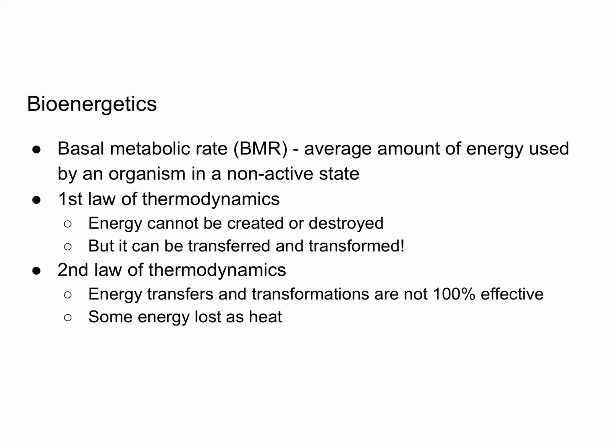The first law of thermodynamics is that energy cannot be created or destroyed, but it can be transferred and transformed into different forms. And this is basically the concept behind cellular respiration, right? So cellular respiration is able to take energy from nutrients and convert that into energy that is stored in the molecule of ATP.